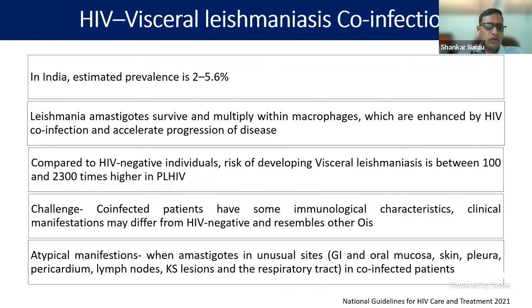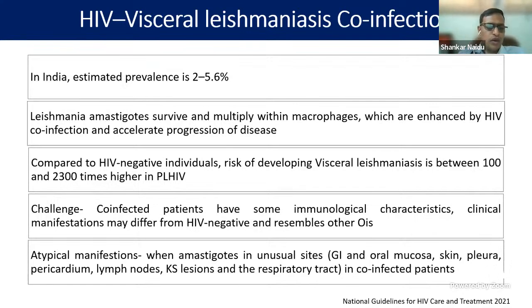The leishmania amastigotes survive and multiply within the macrophages, and this replication of amastigote forms is enhanced by co-infection with HIV, and there will be accelerated progression from acquiring leishmania infection to the severe manifestation of leishmaniasis. Compared to HIV negative individuals, the risk of developing visceral leishmaniasis is between 100 to 2,300 times higher in PLHIV.